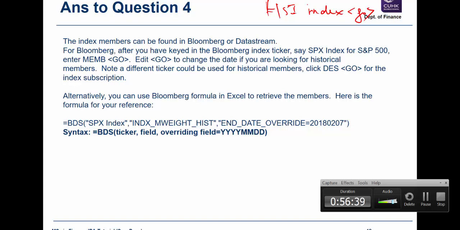Then when you type MEMB and hit go, it will show you all the members that are in that index. Then there should be a button in there that will allow you to start downloading data, either spot price data or historical data. I know you can because I've done it before. But I'll leave it to you to explore.